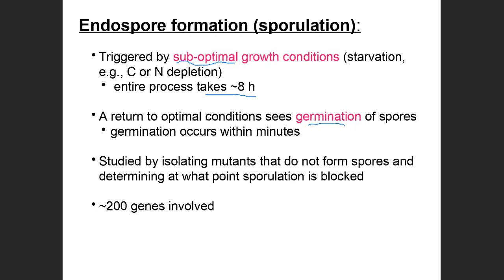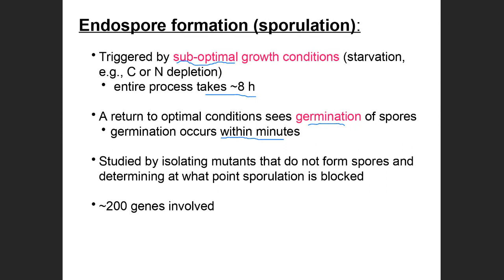As long as the conditions are good, it can germinate within minutes. And what does it do when it germinates? The covering coats crack, and then the spore cell inside begins to grow into vegetative bacteria, and as a result, the organism starts to live again, right?